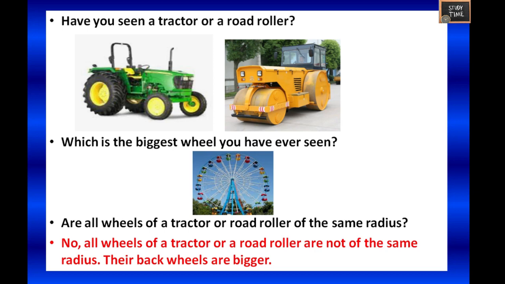No. Here you can see the bigger one, here the smaller one, here the smaller one, and here the bigger. All wheels of a tractor or road roller are not of the same radius. Their back wheels are bigger. This is the back wheel, which is bigger, this is the front wheel, which is smaller.